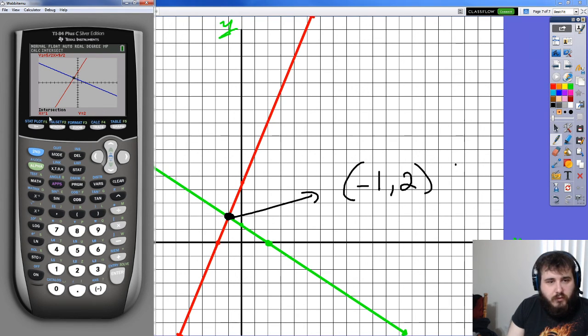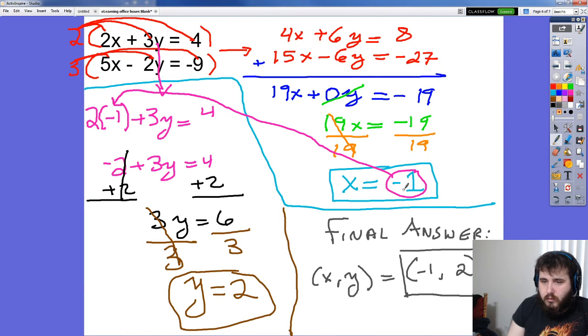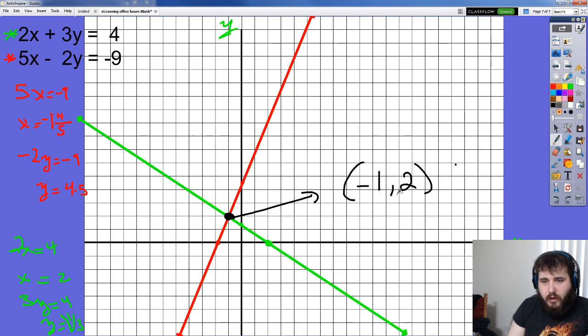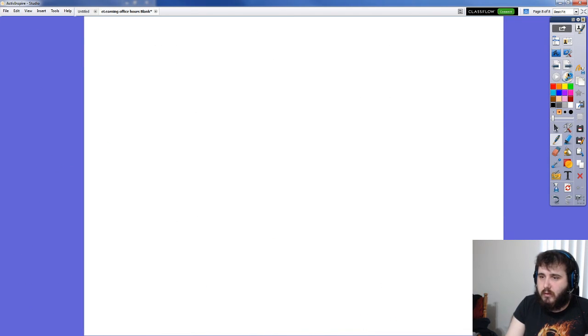But look, I don't know if you can see, it says intersection, -1, 2. Isn't that what we had over here? -1, 2. So no matter how you do it, you're going to get the answer correct as long as you're careful.